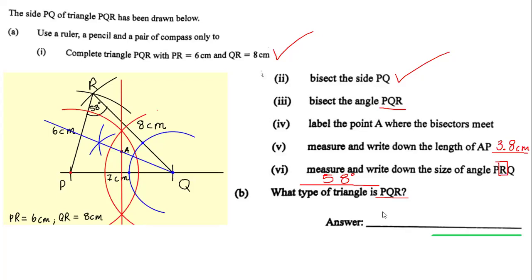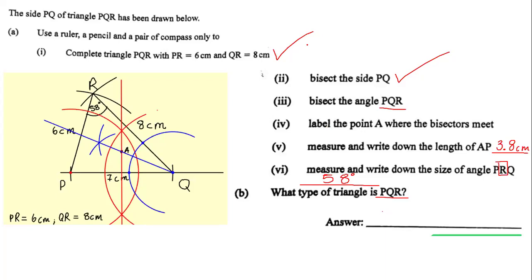Scalene, I think that's what it is. Anyone else want to try? Isosceles. So which one is it? Is it isosceles? Is it scalene? Is it equilateral? It's definitely not equilateral. It's scalene.